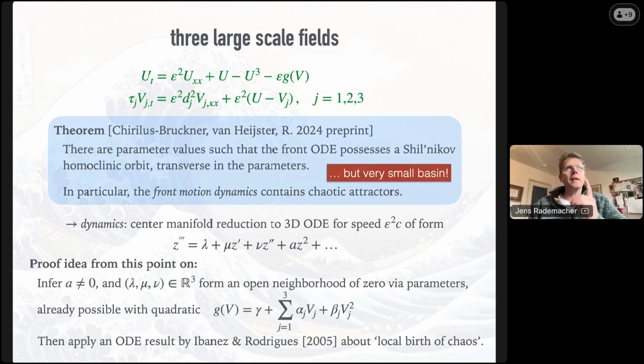I agree. Let me make a kind of rain check here. Anything is possible in 1D. So you have a scalar ODE, and we can realize any scalar ODE near the zero point.